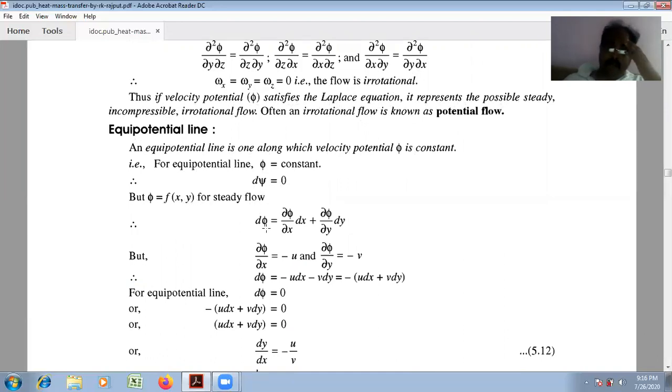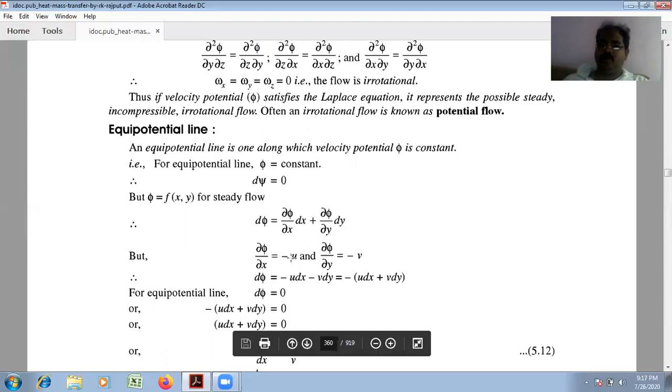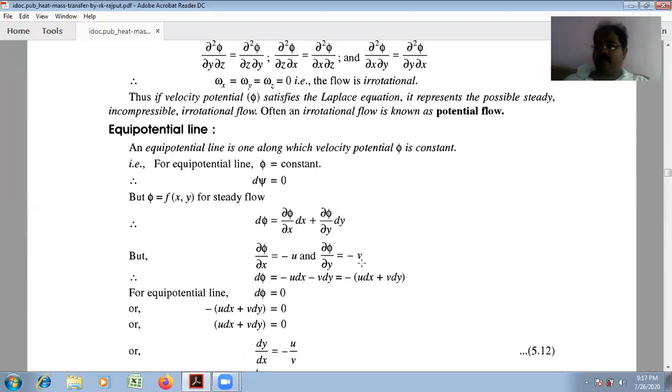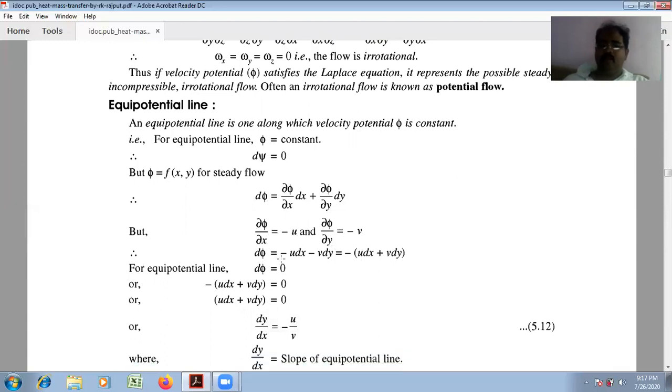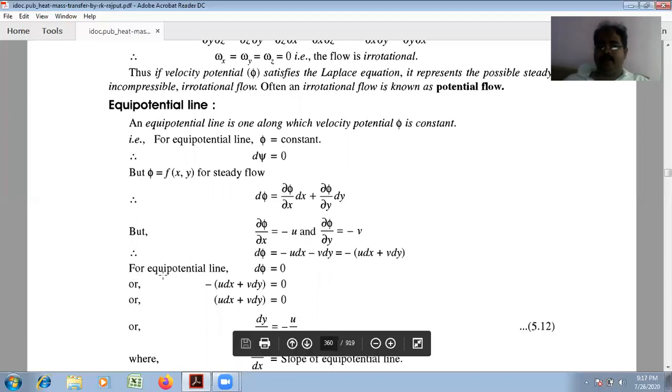So dφ is equal to ∂φ/∂x dx plus ∂φ/∂y dy. But ∂φ/∂x is considered as −u, and ∂φ/∂y is considered as −v. So dφ is equal to −u dx − v dy, which is equal to −(u dx + v dy).